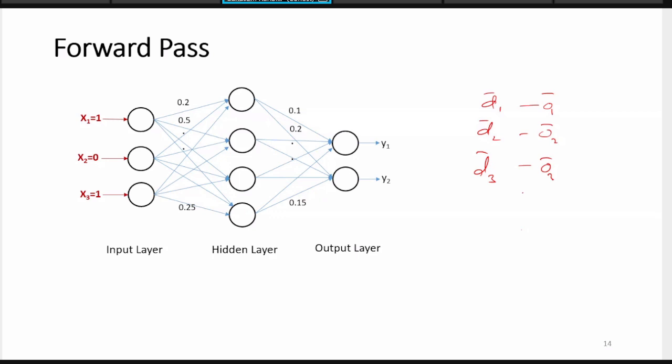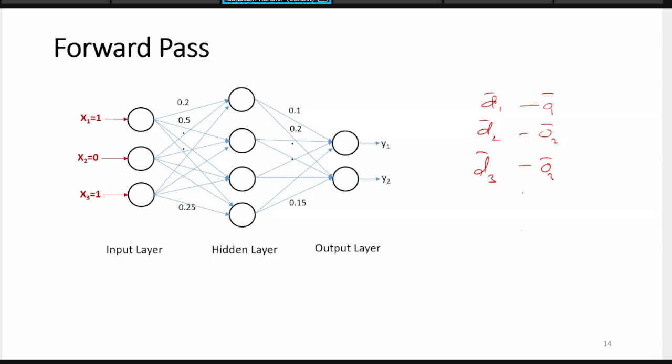This is my training data set for building my model. Using this training data set, I'm going to learn the appropriate weights. So I have to start from some initial weights of these connections. I'm assuming that these are my initial weights.